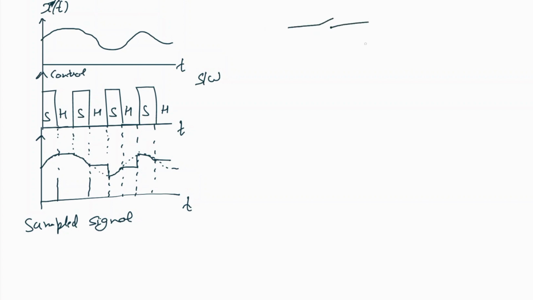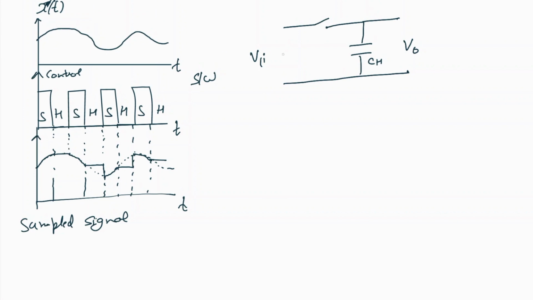Now there are certain advantages and disadvantages associated with this basic circuit when we have only a capacitor. First, if the input side has very high impedance, then while it is charging, the RC time constant will increase, so it will be very slow, it will not charge very fast. So this is an issue.